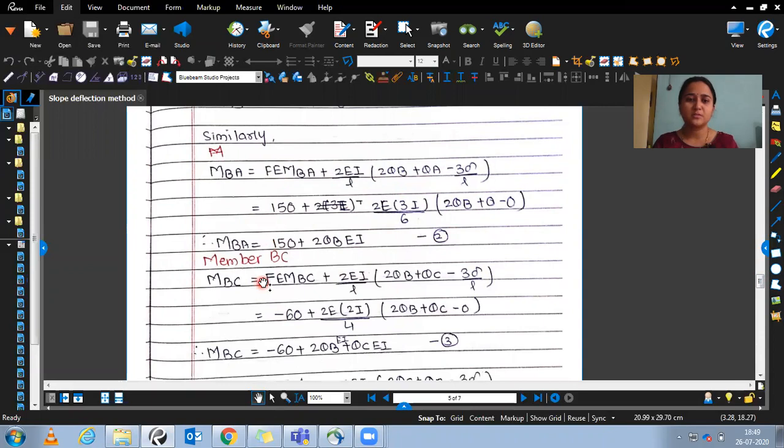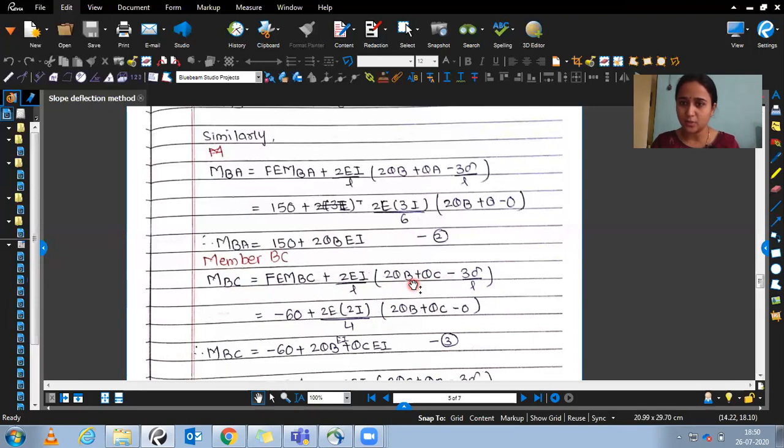And moving towards member BC, the slope deflection equation will be FEM BC plus 2 EI by L in bracket 2 theta B plus theta C minus 3 delta by L. Okay, so here, because there is a roller support, theta B is also there, and theta C, the rotation at B and rotation at C is there.